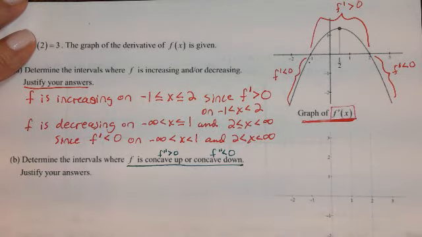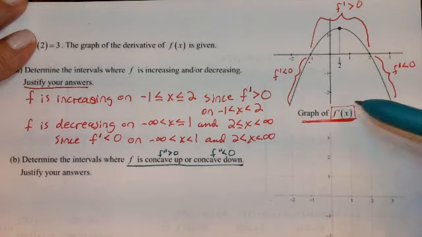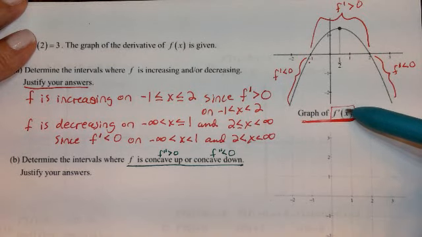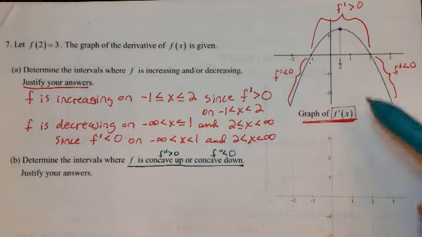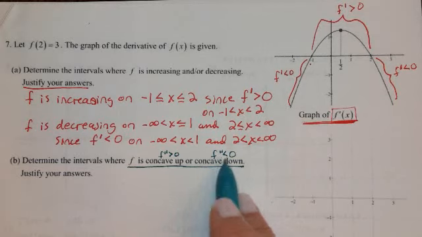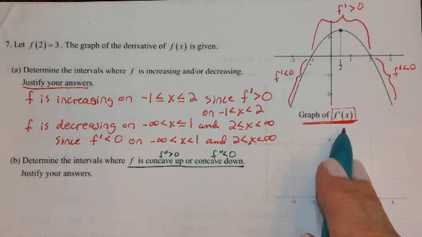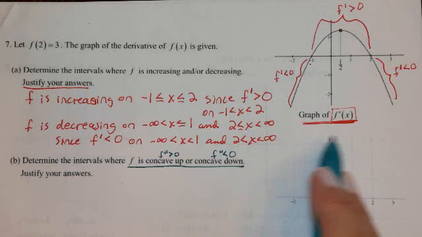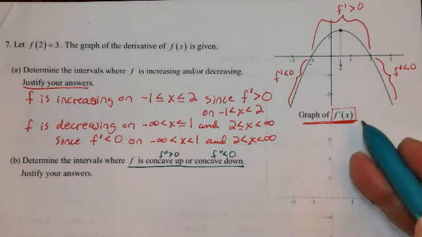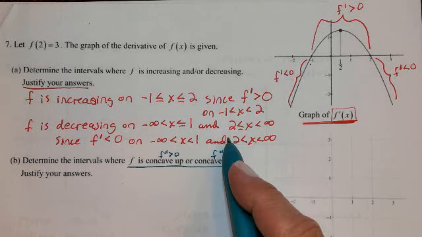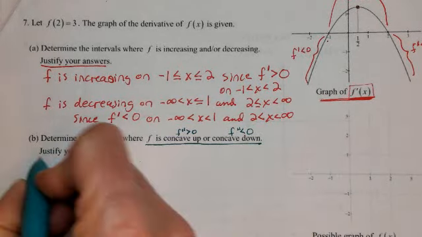How can we get information about f double prime if we're sitting here looking at the graph of f prime? Well, f double prime is the slope of f prime, right? F double prime is the slope of f prime because we take the derivative of f prime to get f double prime.